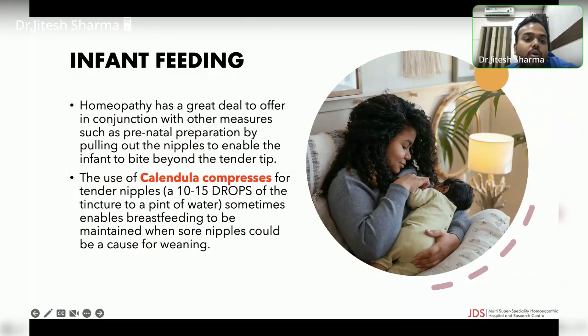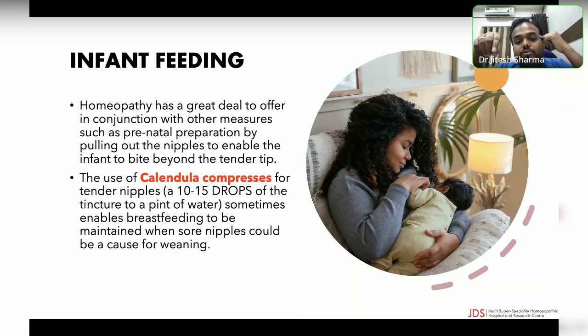Now, how homeopathy can help: what happens to a newborn when it is born is very difficult. Usually nowadays, when a cesarean section is done, the mother cannot feed the baby. So they have to pull out the nipples with a syringe, so that the infant can bite well, hold the nipple very well or suck the nipple, so that they can secrete milk properly.